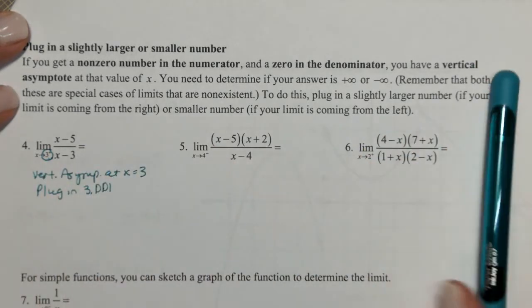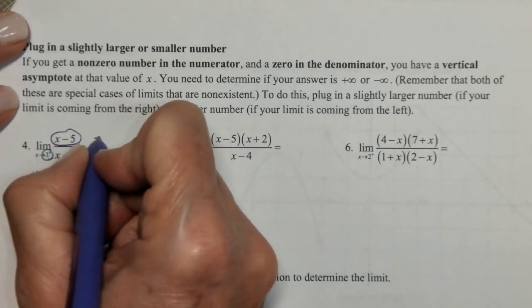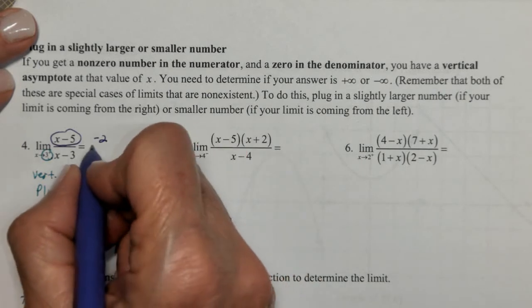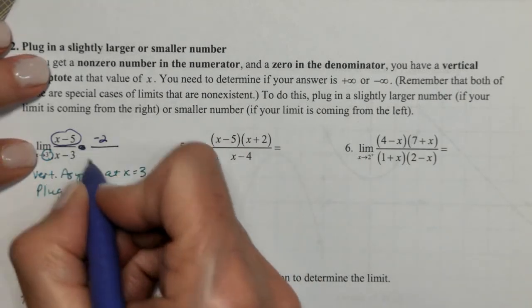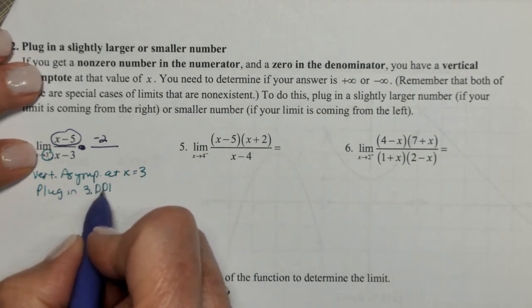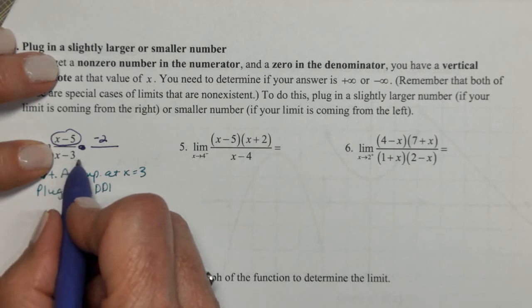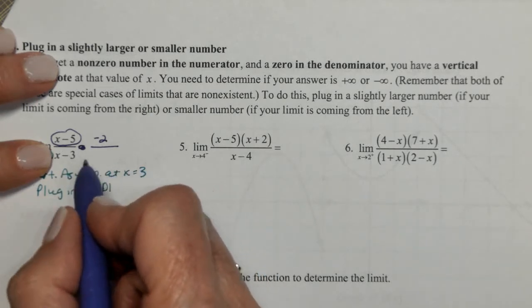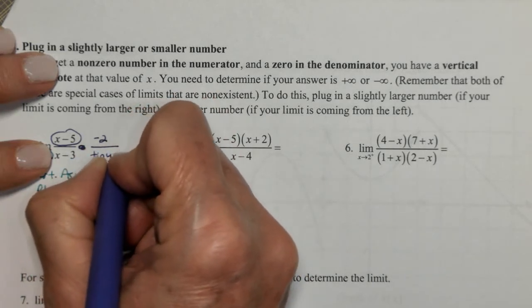If I do that, on top, this is still approaching -2. Nothing's going to change that. On the bottom, 3.001 minus 3 is a tiny number, but it's positive.